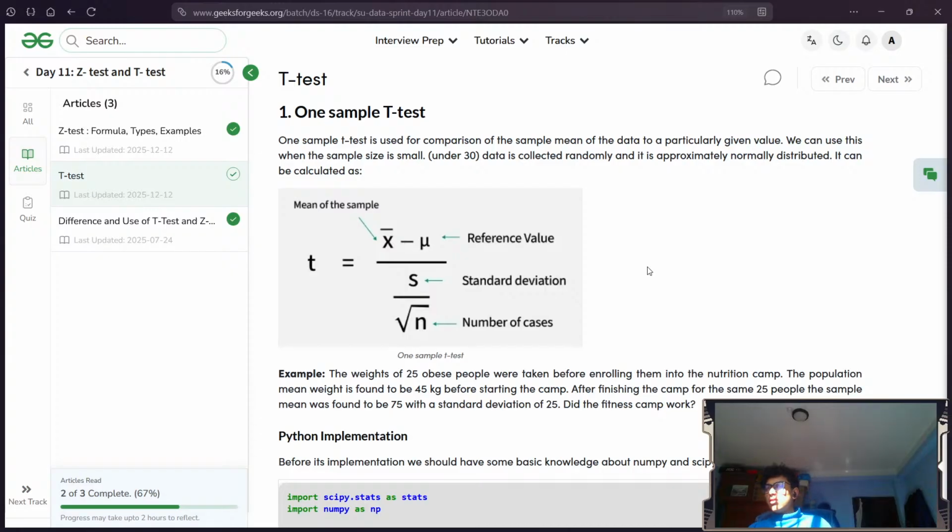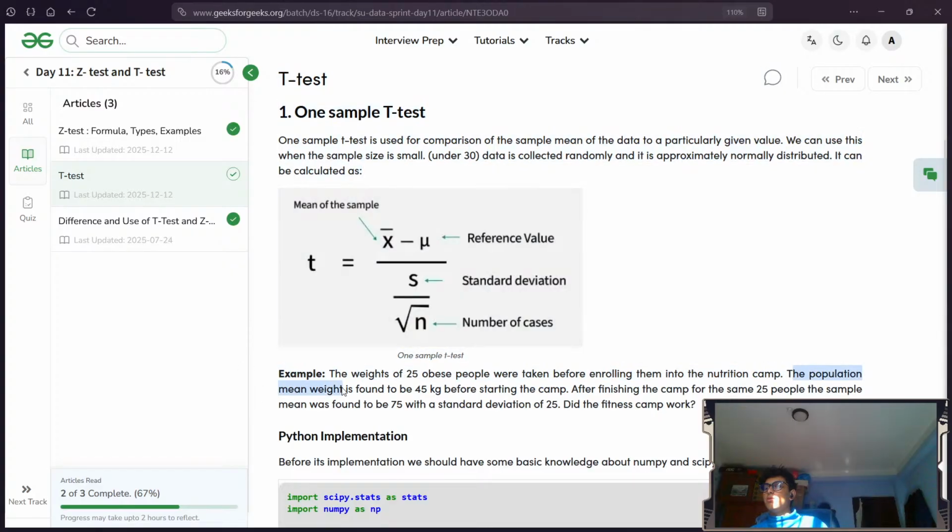The weights of 25 obese people were taken before enrolling them into the nutrition camp.